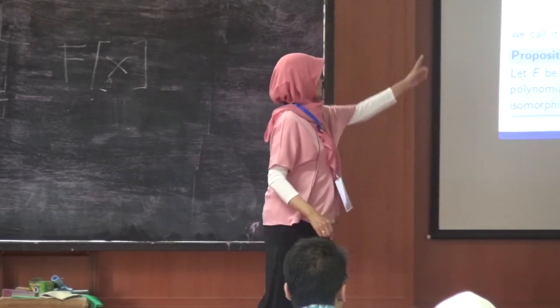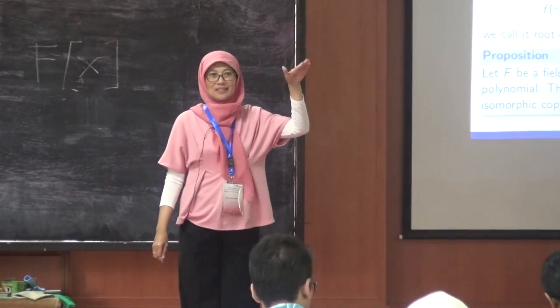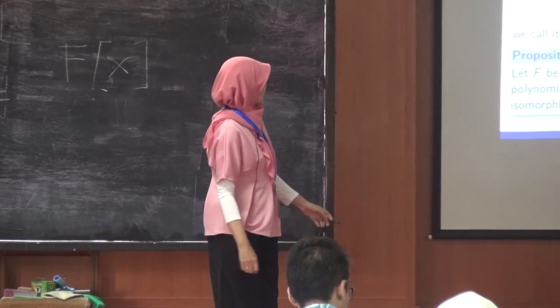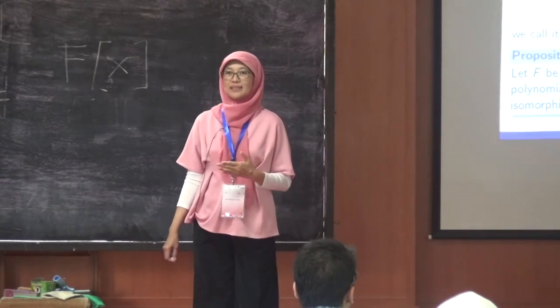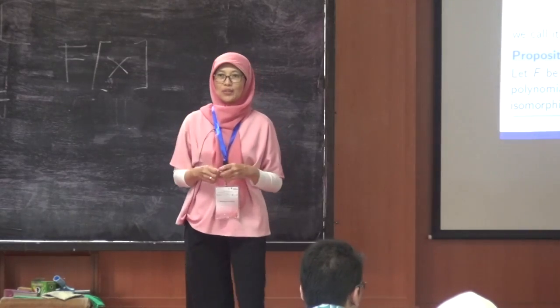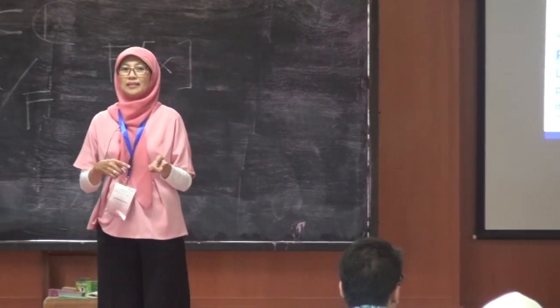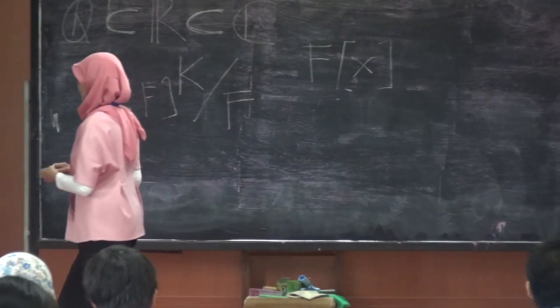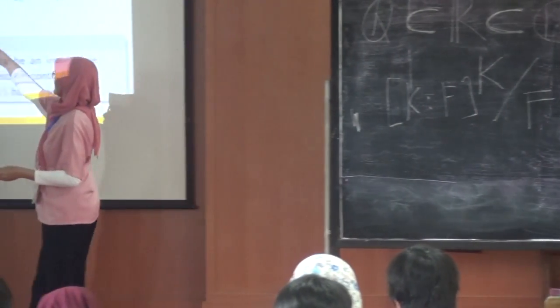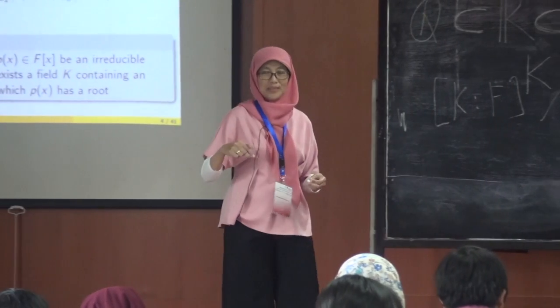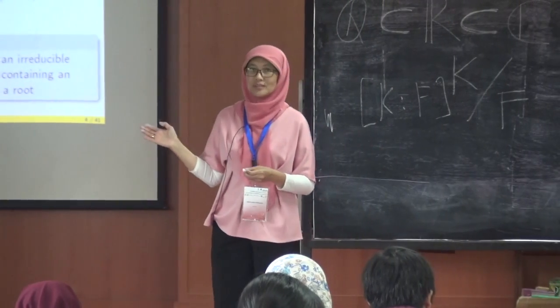In the end, we get the highest power n as the degree of this polynomial. And we define a root of f(x) as follows: gamma is called a root of this polynomial if it satisfies this condition, so when we replace x with gamma, it equals 0. So we call it a root.